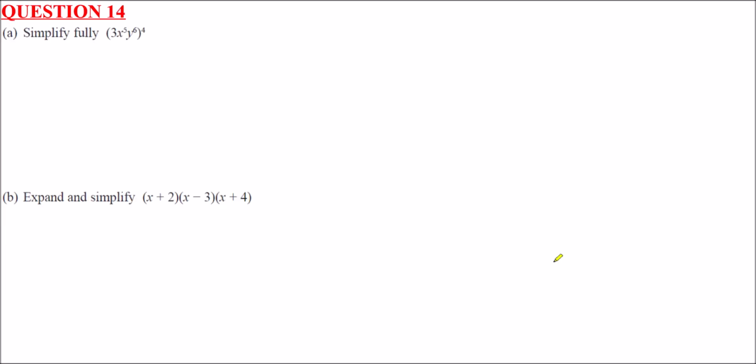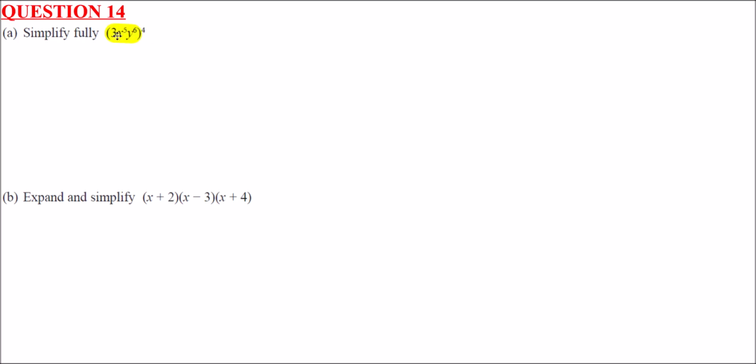Question 14, we have to simplify fully (3x^5 y^6) all to the power 4. A common mistake is to not raise all of these things on the inside of the brackets to the power 4. So I'm just going to illustrate what this actually means. So we're doing the bracket, everything in this bracket is going to be multiplied by itself 4 times.